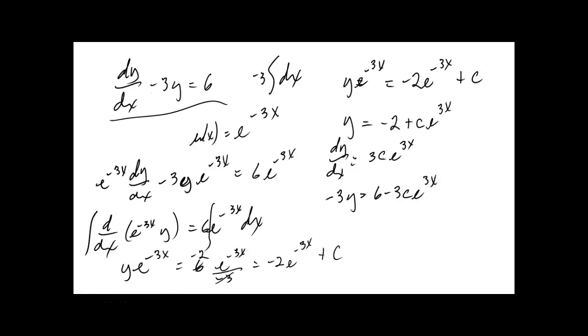All we did is multiply the minus 3 here by the y up there. Now we combine those together like they are here, and that would be 3c e to the 3x, and we did minus 3y, so this is plus 6 minus 3c e to the 3x.